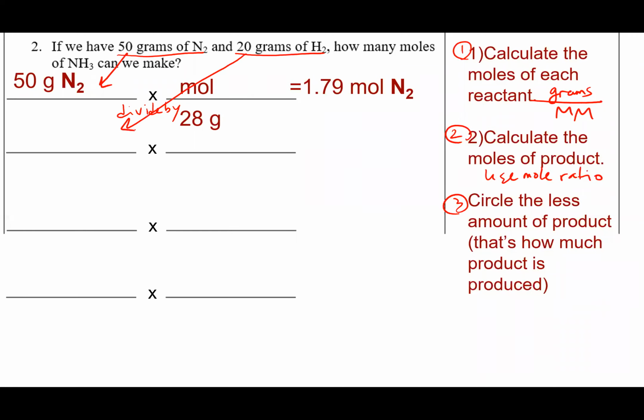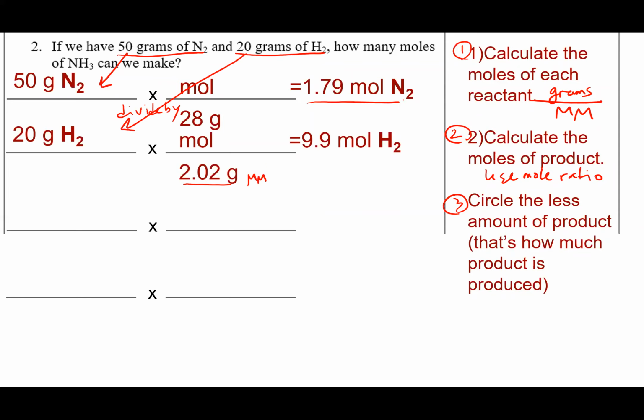Now let's bring the 20 grams of H2 and divide by the molar mass. So this is the molar mass of H2. And I get 9.9 moles of H2. So we now have the moles of each reactant, right? So that was step 1.